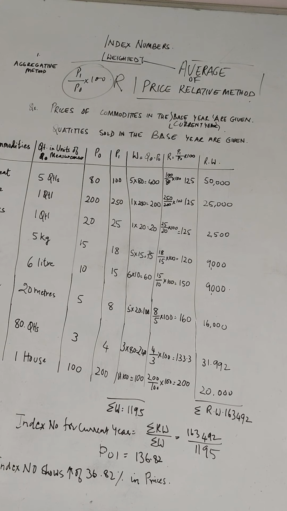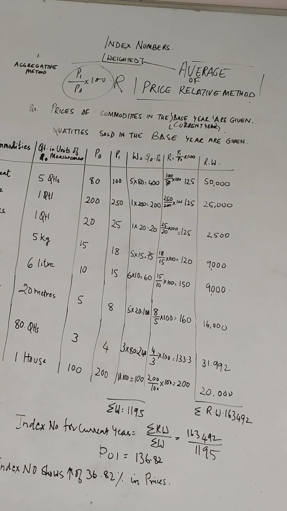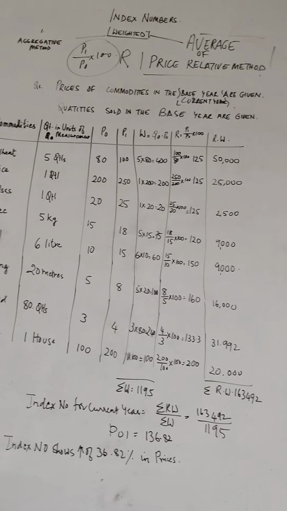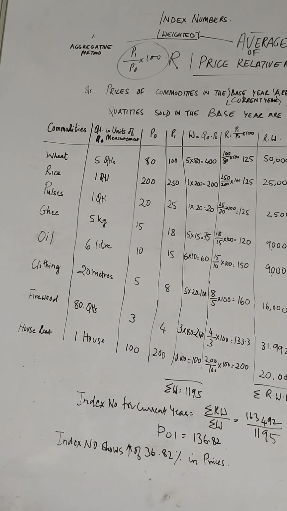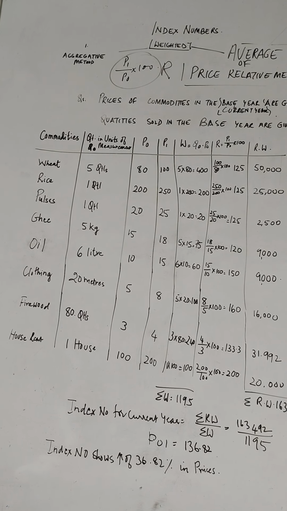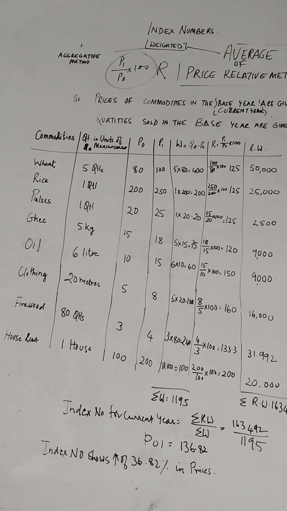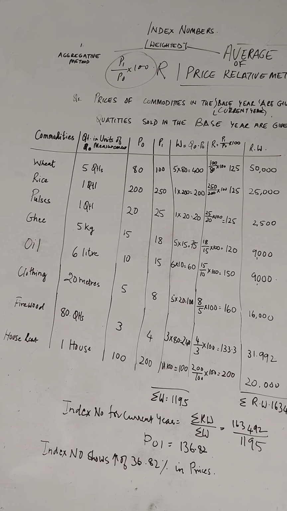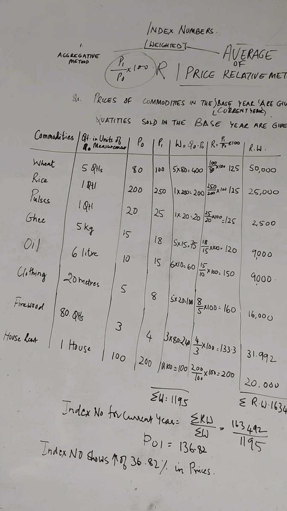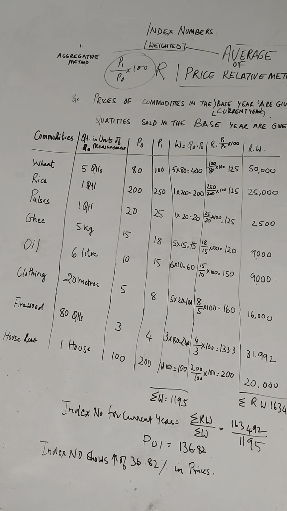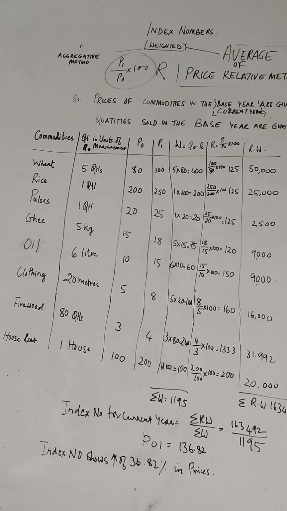According to the weighted index number, weights are assigned to various commodities to reflect their relative importance in the group. Now, using the weights, we can find the weighted average of price relatives. That's what we are going to do today. And of course, we can also find weighted aggregative index numbers.